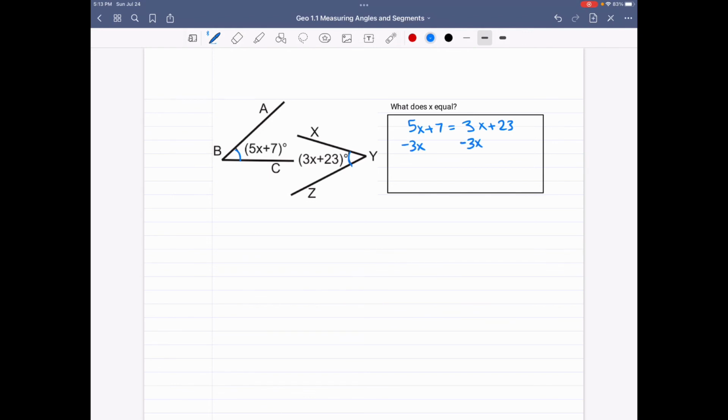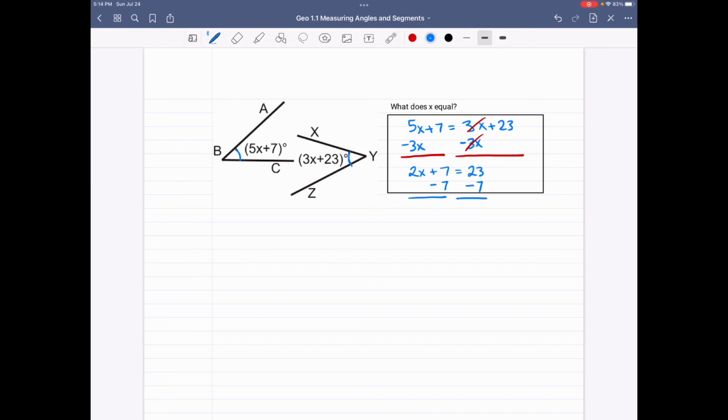Why do we do that on both sides? Because it cancels this x, bringing it to the other side. It simplifies our equation. Okay? So now we just have 5x minus 3x is 2x plus 7 equals 23. And same as our last problem, we subtract 7 on both sides.